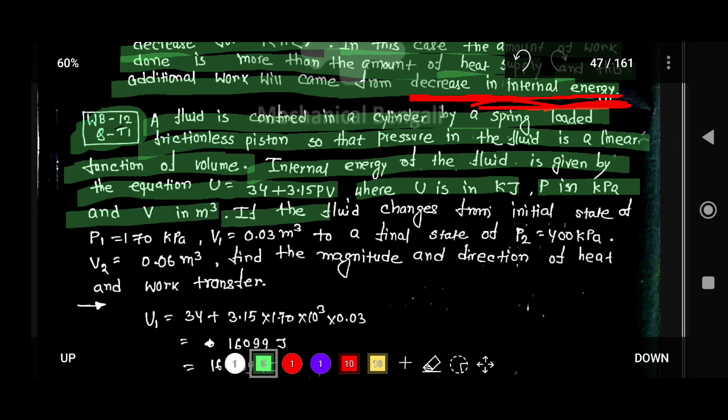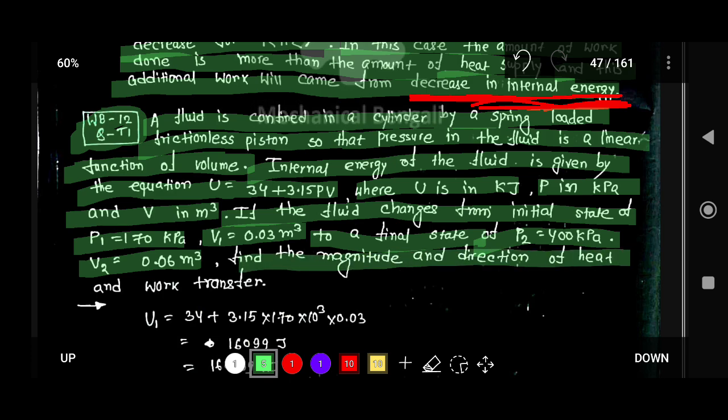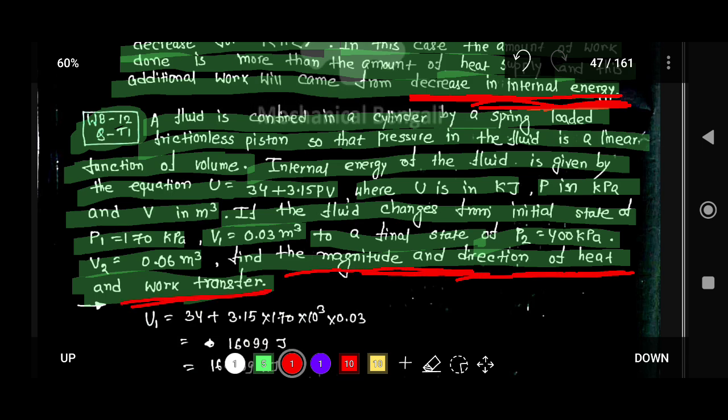If the fluid changes from initial state of P1 = 170 kilopascal and V1 = 0.03 meter cube, to the final state of P2 = 400 kilopascal, V2 = 0.06 meter cube. Find the magnitude and direction of heat and work transfer. You have to find the magnitude and direction of heat and work.